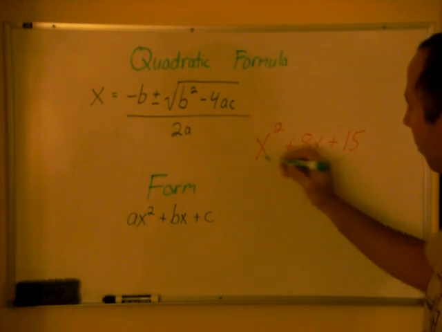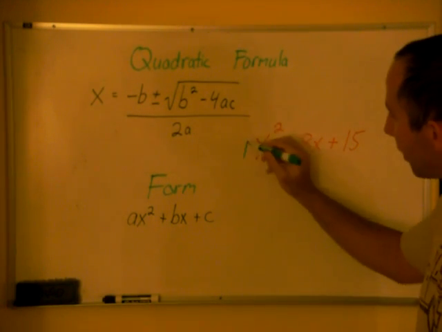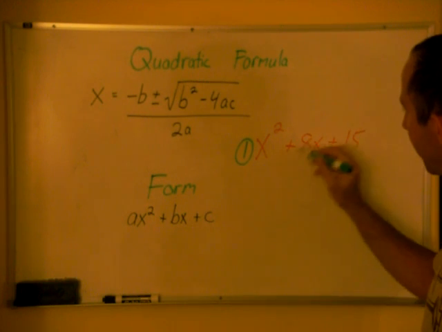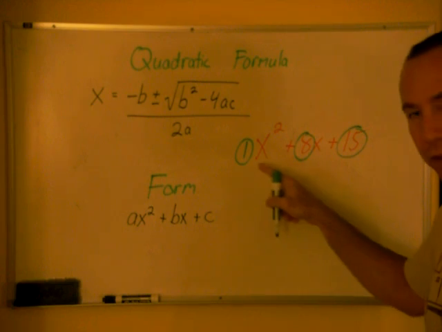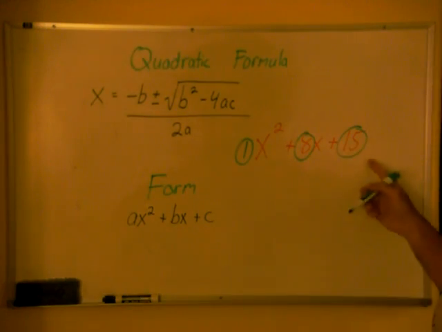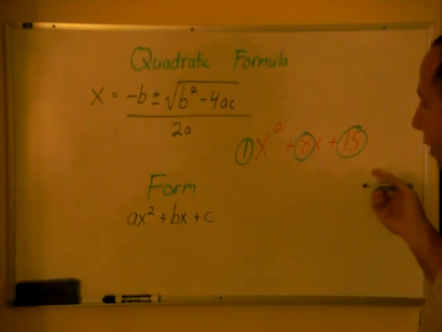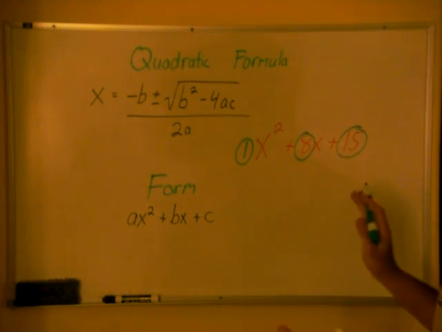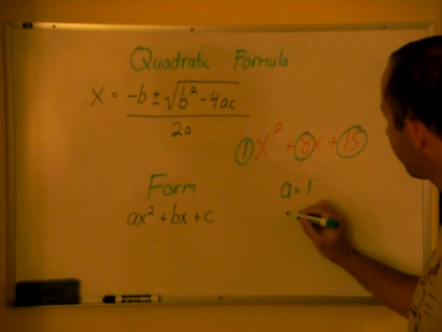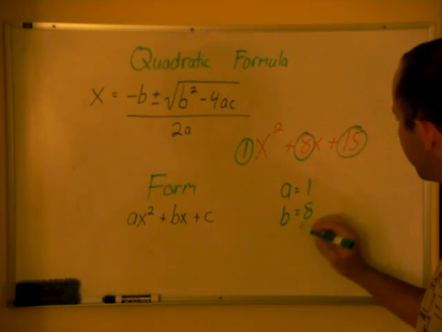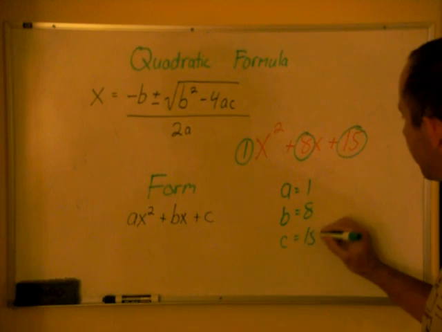Okay, so for a, we know there's a 1 in front of there. So there's a, there's b, and there's c. They're the constants in front of the variable. 15 doesn't have a variable, or it could be x to the 0, so it's not there. So a equals 1, b equals 8, c equals 15.